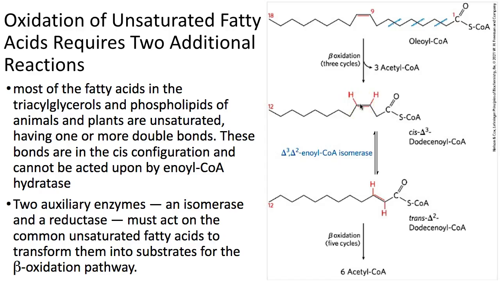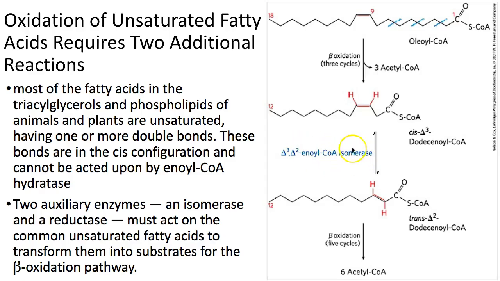So before we get to the step of having an alpha and beta carbon with a double bond, you need the enoyl coenzyme A isomerase.